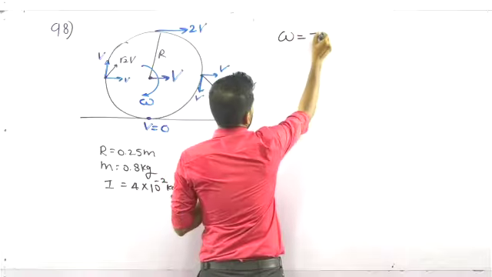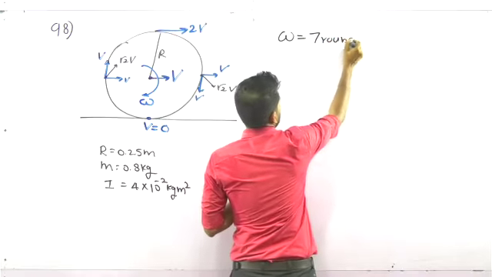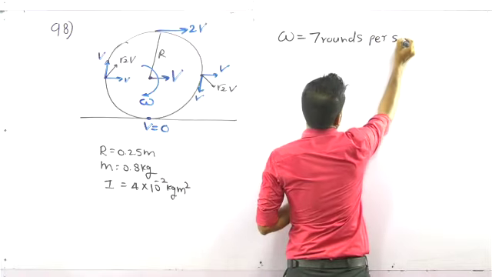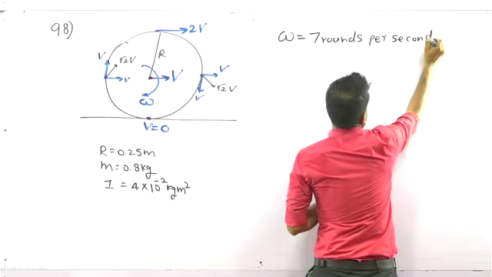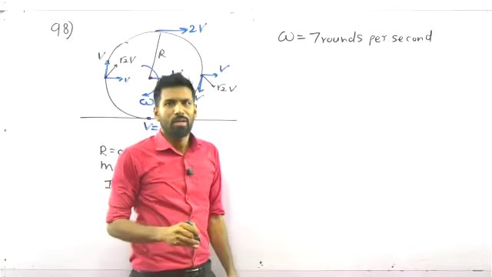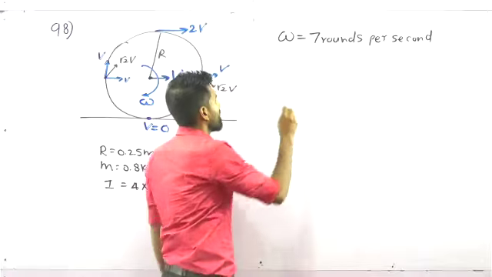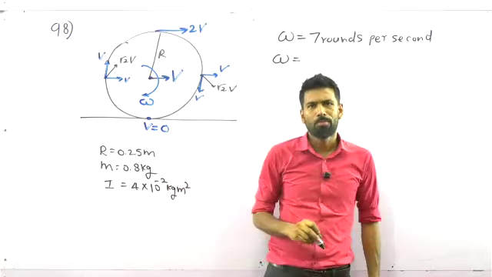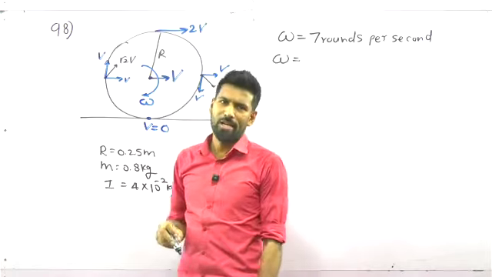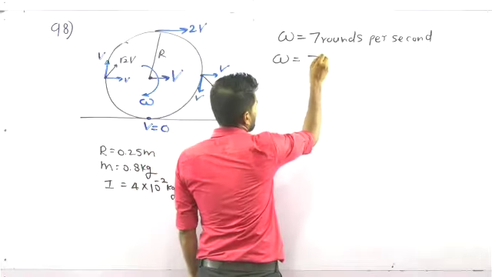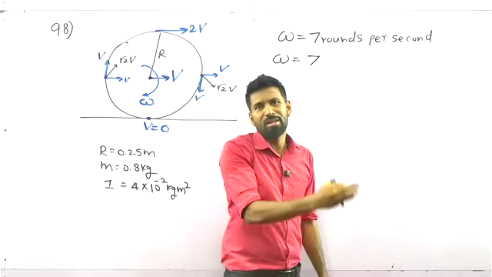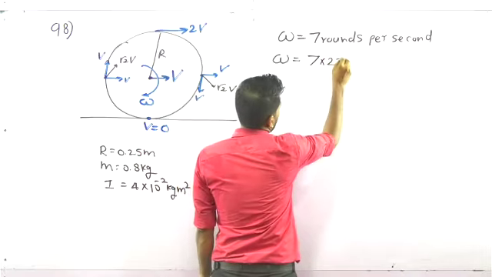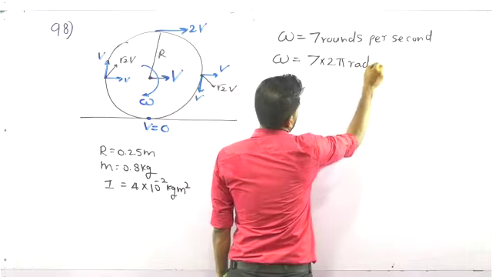Now omega is given as 7 revolutions per second. That means 7 rounds per second. Is 7 rounds per second an SI way to give the angular velocity? No. What do you mean by 7 rounds per second? What is a round? 360 degrees, that means 2 pi radians. 7 into 2 pi radians per second.